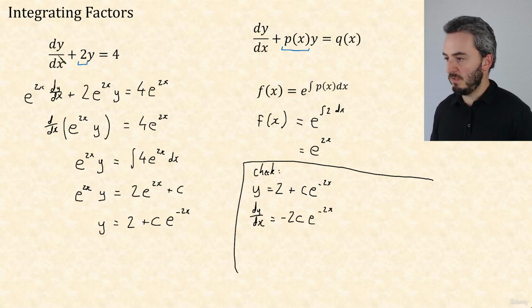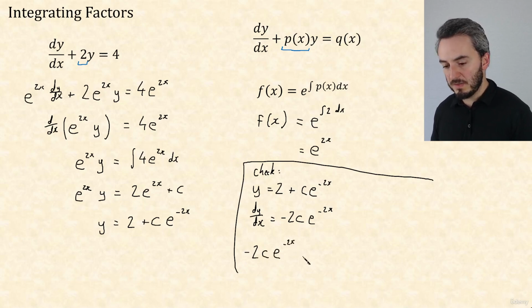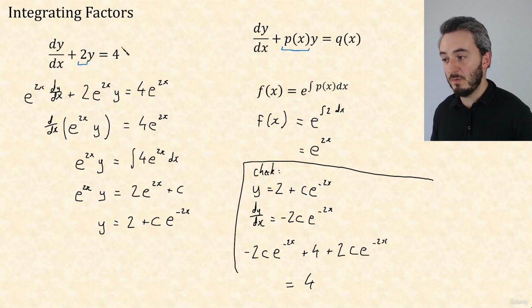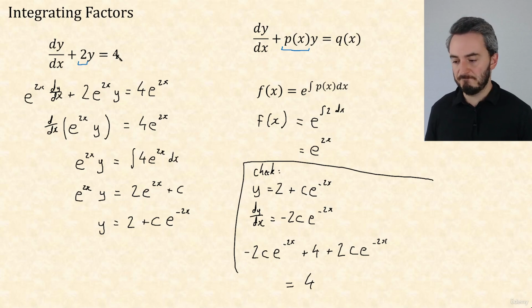So let's sub that into the left-hand side and see what we get. dy by dx, minus 2c e to the minus 2x, plus 2y, so plus 2 of this, that's plus 4 plus 2c e to the minus 2x. Well, look, these two bits cancel, and you're left with 4, which is exactly what we wanted. So it works. When you actually work out dy by dx plus 2y, you get 4.